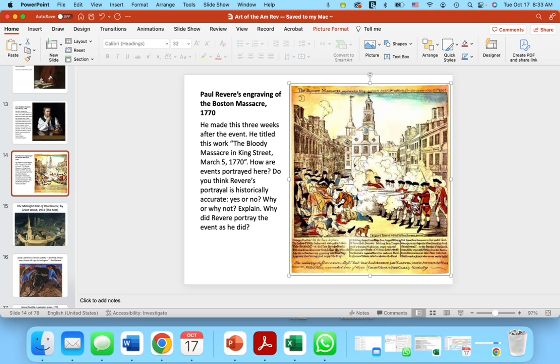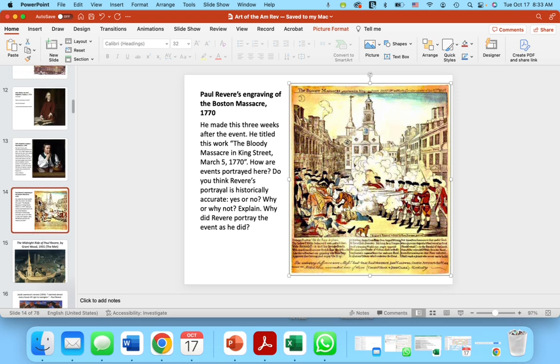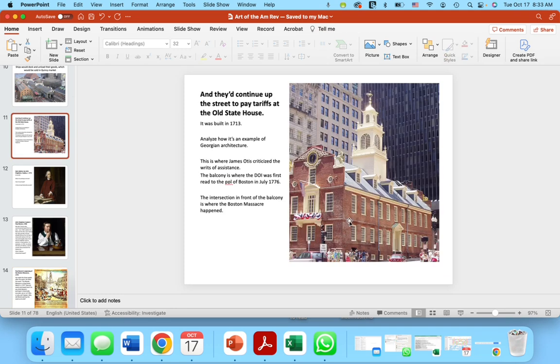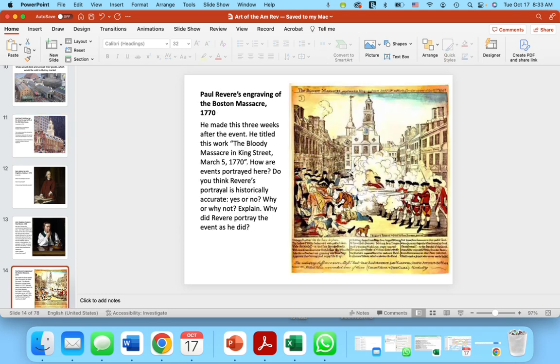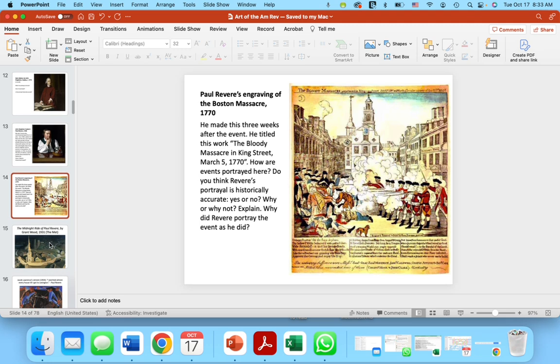So maybe the British were acting in self-defense, but here it really looks like a massacre, the armed British firing at the undefended colonists. And again, there you see the State House in the background. There it is in real life. Okay, and there it is. So this is a piece of propaganda done by Paul Revere to anger the colonists.